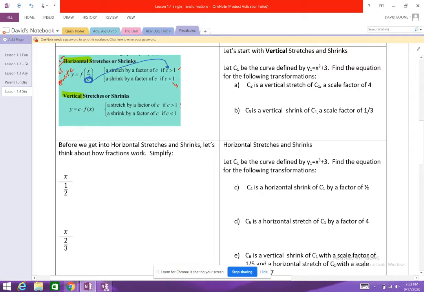It will stretch it out from left to right more. Whereas if that c value is less than 1, then it's going to shrink it.